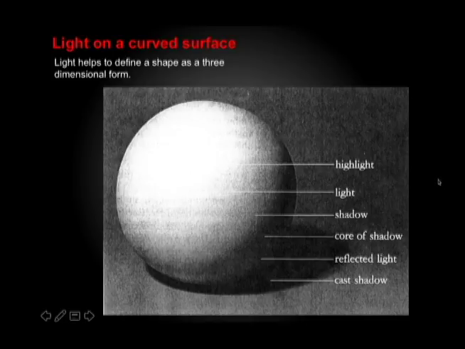Light on a curved surface isn't quite as straightforward as you would think. There's always a darkest part of the shadow called the core of the shadow, but that's generally not where the shadow meets the surface. There's almost always some reflected light cast up into that shadow from the surface that an object sits on, unless it's perfectly black or very dark, which actually may be the case in some of your Baroque compositions.